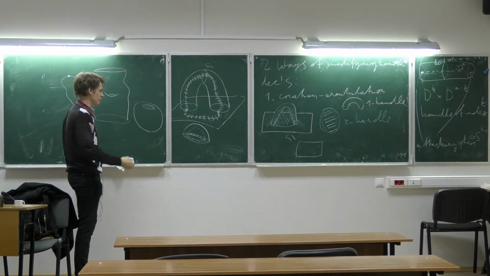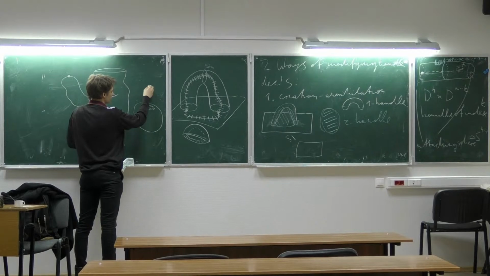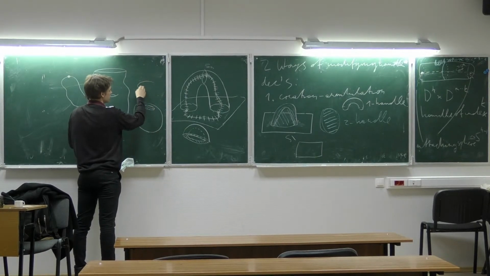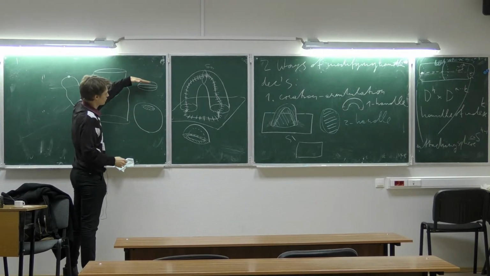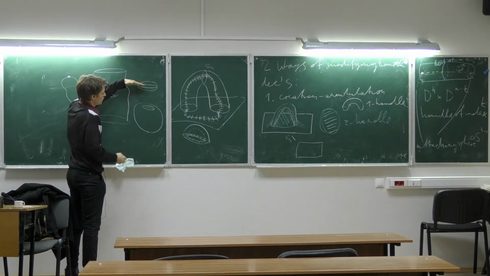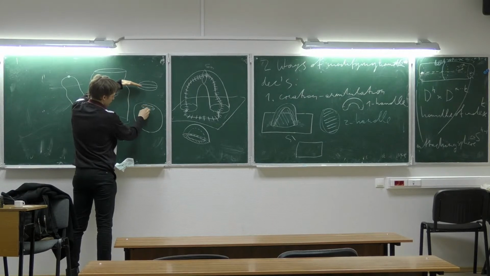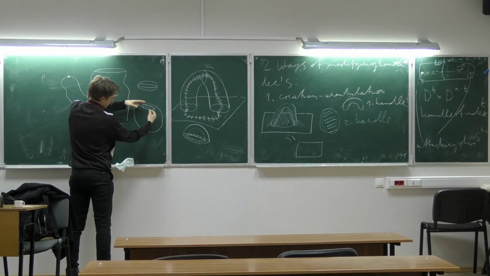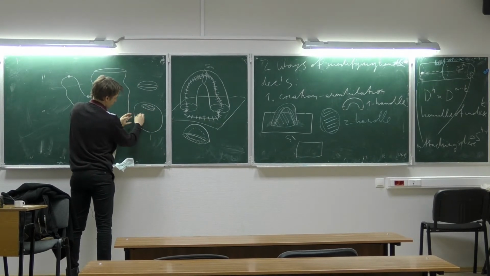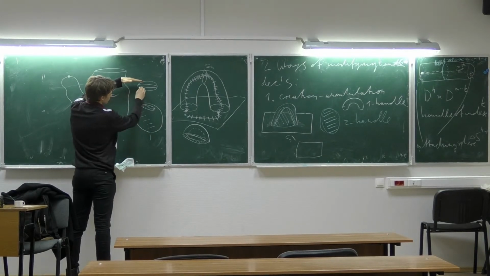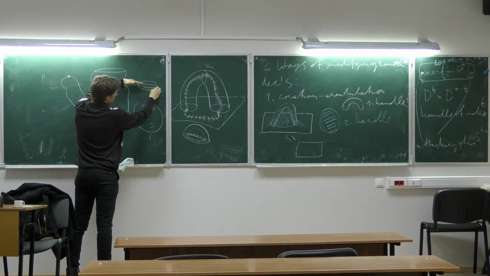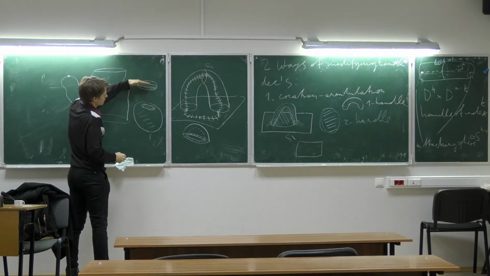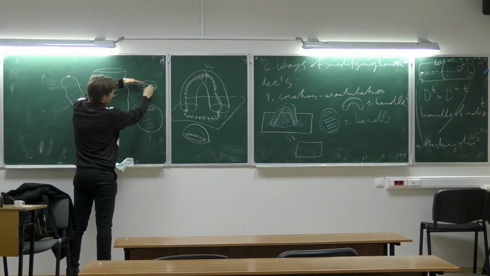Yeah. So what I mean is that you are taking the disc, and you take the boundary of the sphere, and you can take the filled ball, and you can glue the disc via this half of the sphere to this ball. Yeah?